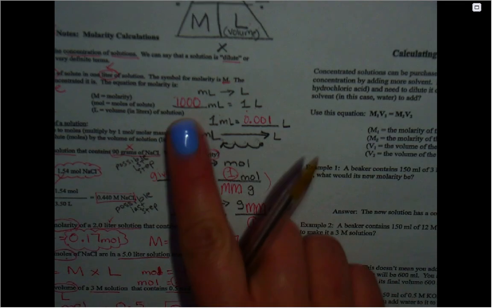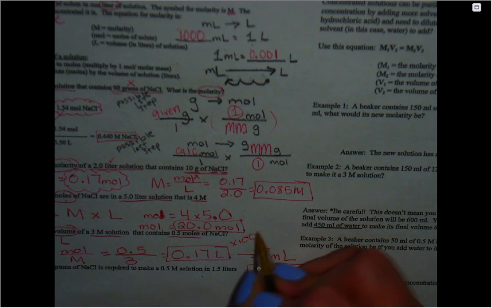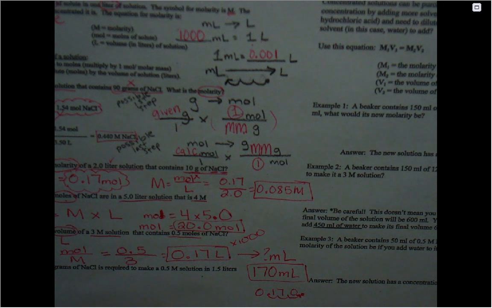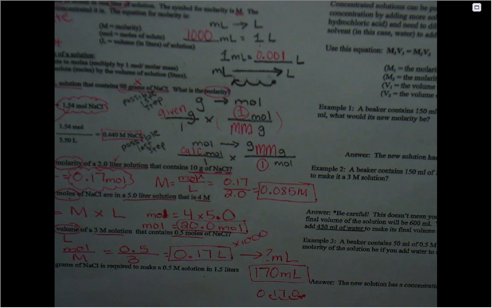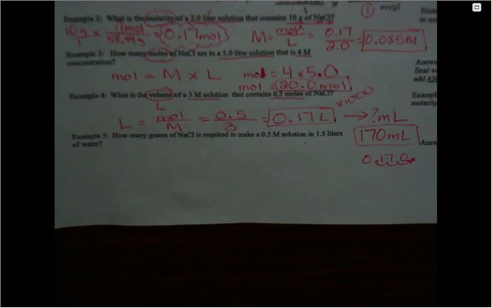Because 1,000 milliliters is equal to 1 liter, so you technically multiplied this by 1,000. Does that make sense? You're good. So it's good old metric system. We're the only ones in the world who don't use the metric system.